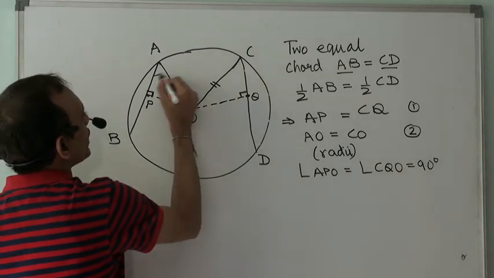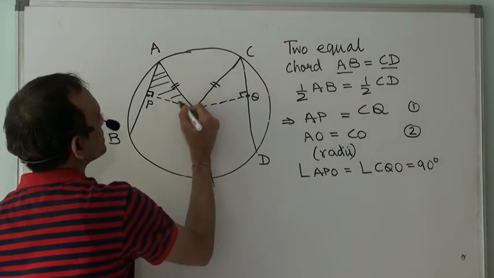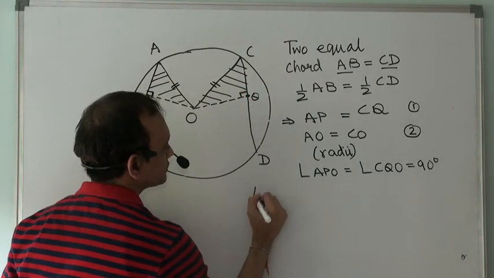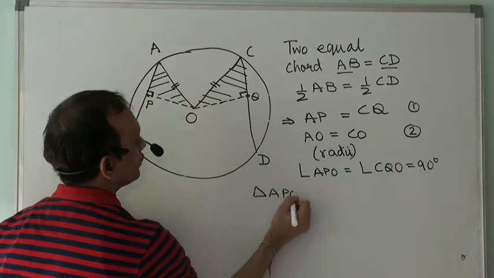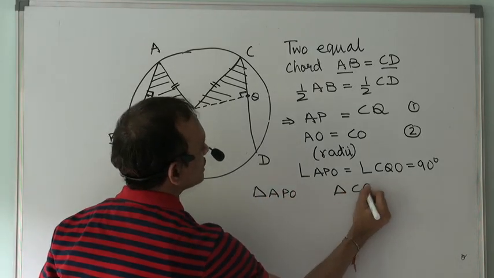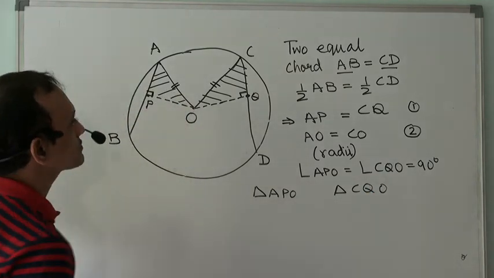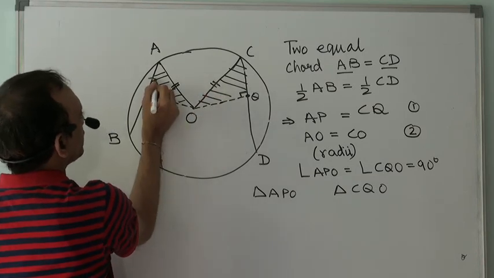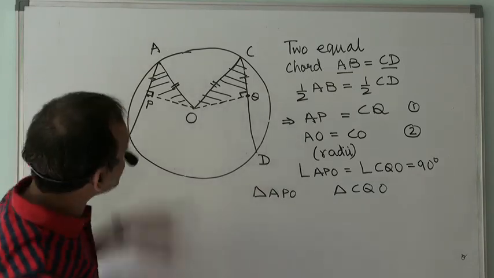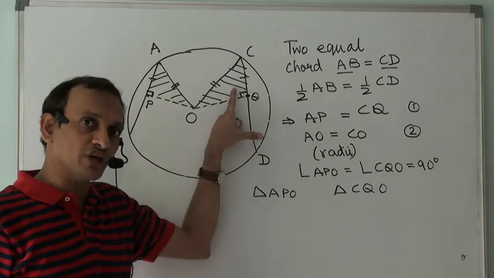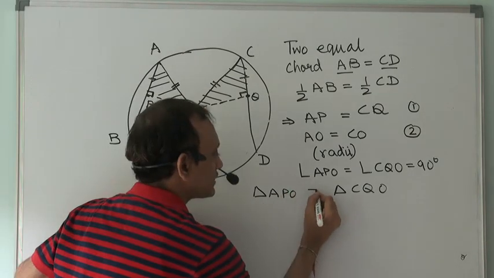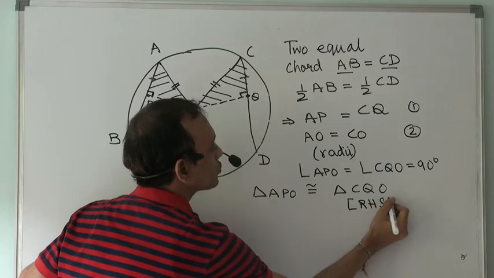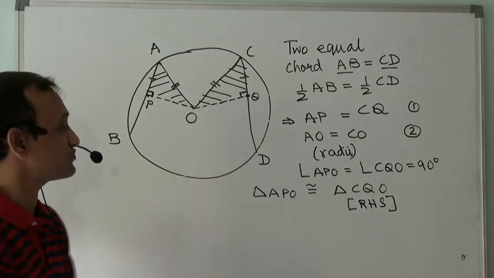Therefore, these two triangles, triangle APO and triangle CQO, are right angle triangles, having this side equal to this side and having AP equals CQ. So if two sides of one right angle triangle are equal to two sides of the other right angle triangle, then the two right angle triangles must be congruent. That's out of the RHS condition for congruency.